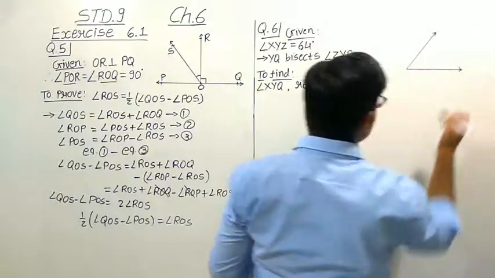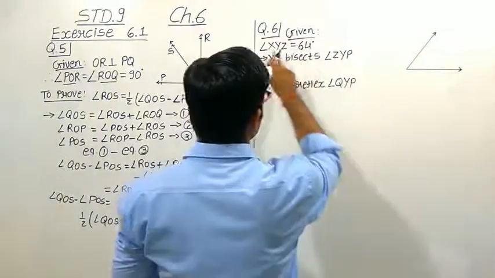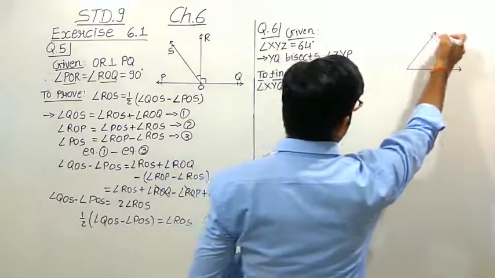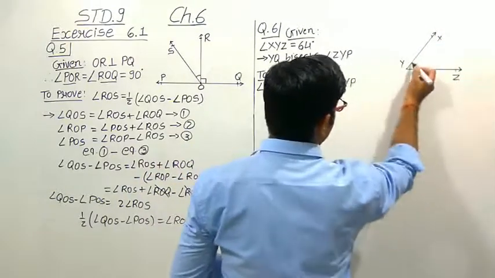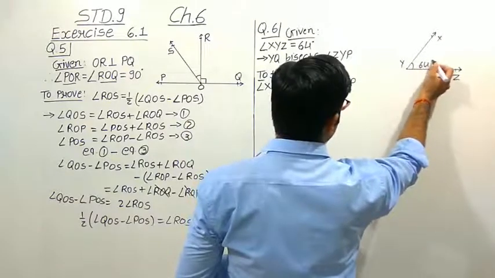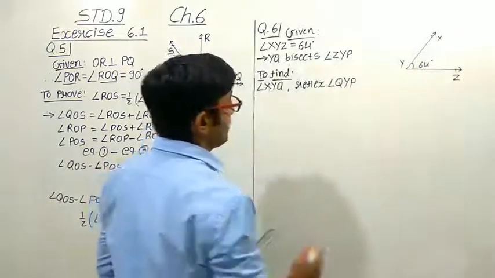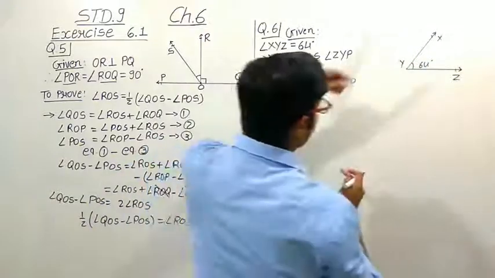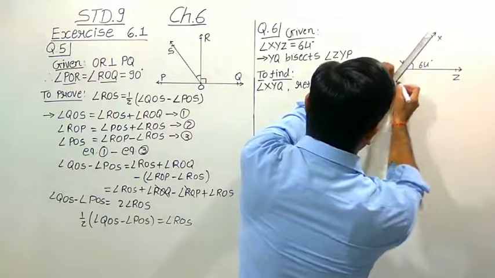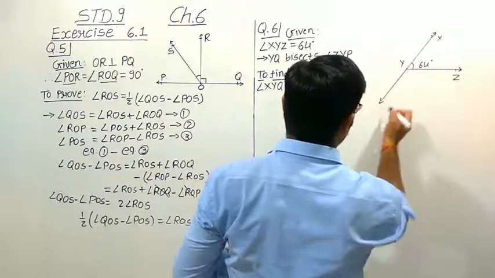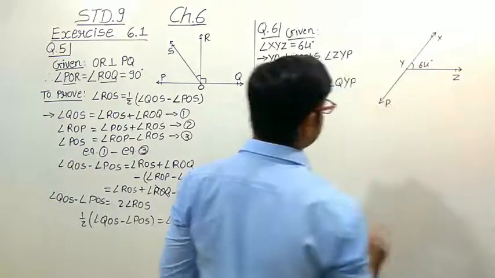This is approximately 64 degrees, and this angle is XYZ. That means this is X, this will be Y, and this will be Z. This value is 64 degrees. Now we have said that this XY is extended to a point P. So we have to extend this line to this side up to the point P.